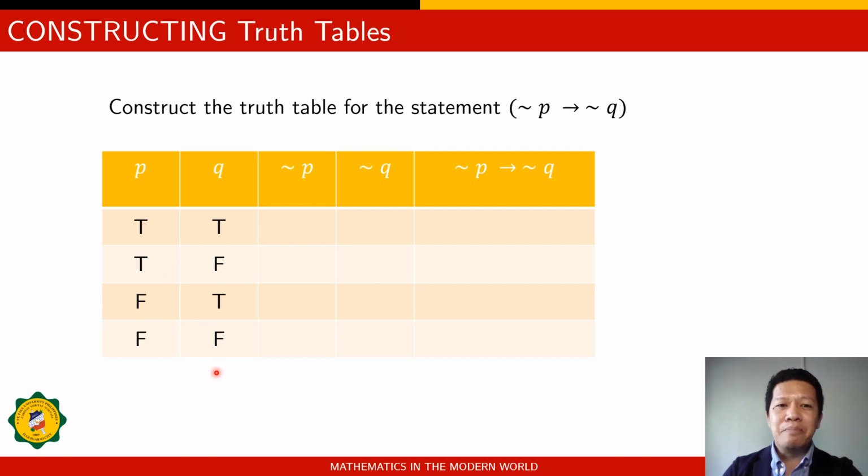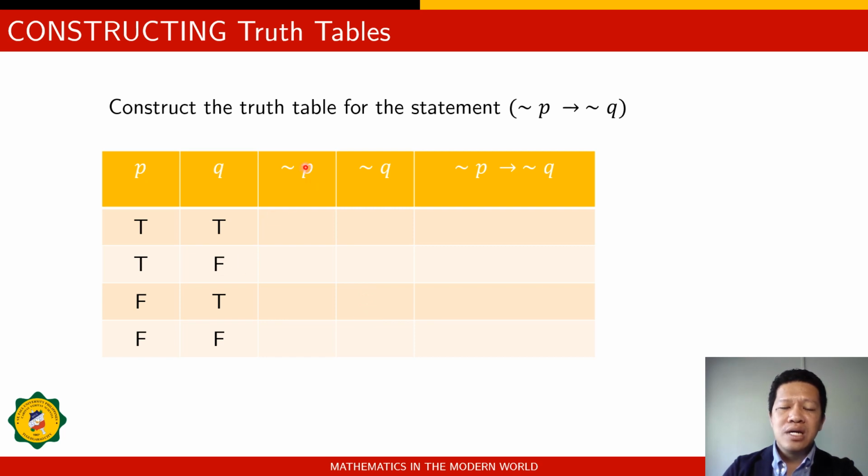It's just like a permutation of the truth values of P and Q. Looking at the given statement, we have not P, so you need to add another column for not P, and we also have a column for not Q.